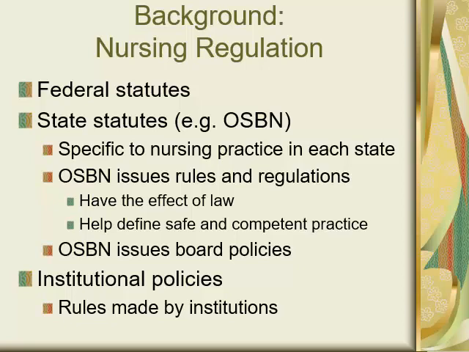So state statutes were then set in place by organizations such as the Oregon State Board of Nursing to regulate nursing practice. The OSBN statutes are specific to our nursing practice in this state, and each state has its own statutes for that state. You need to be aware of your scope of practice in each state as it varies.